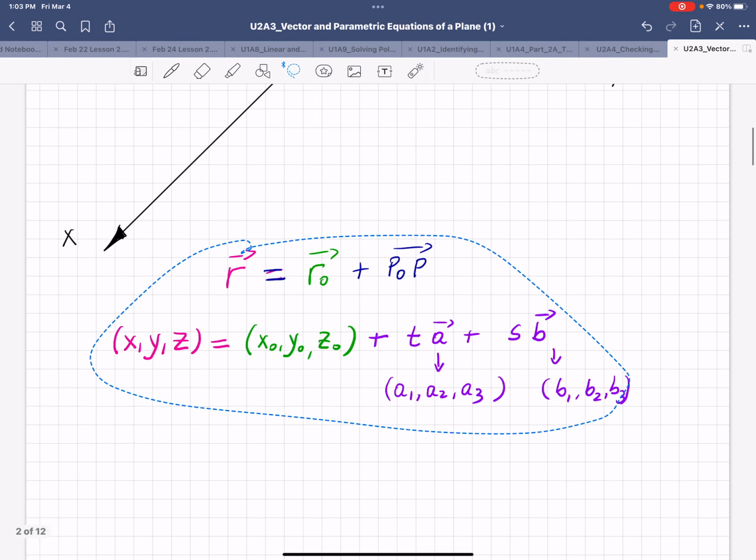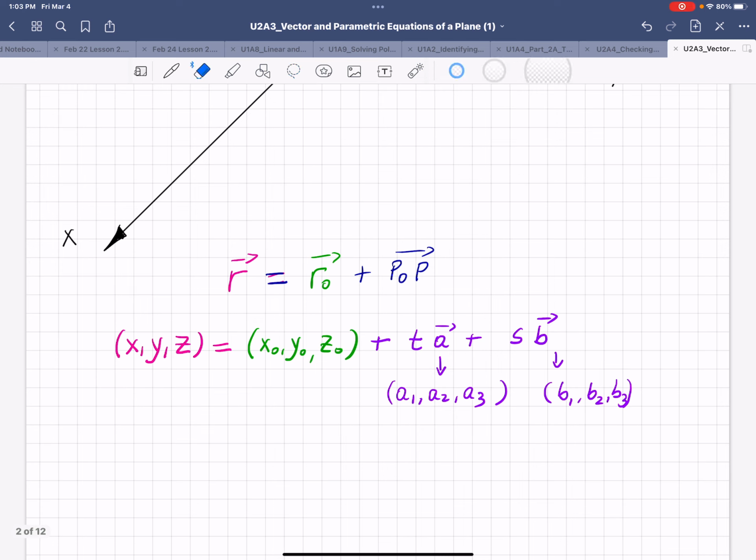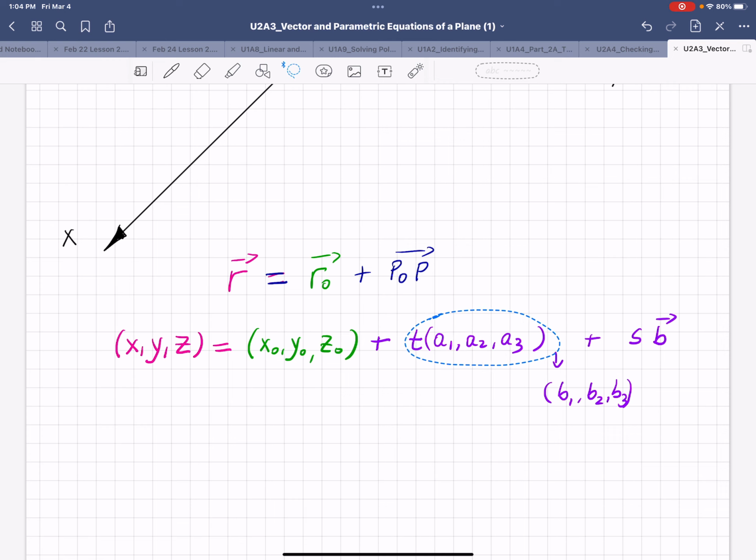So we'll reformulate it. Instead of a, we're going to write a1, a2, a3. And instead of b, we're going to write the coordinates b1, b2, b3. So we'll replace them.